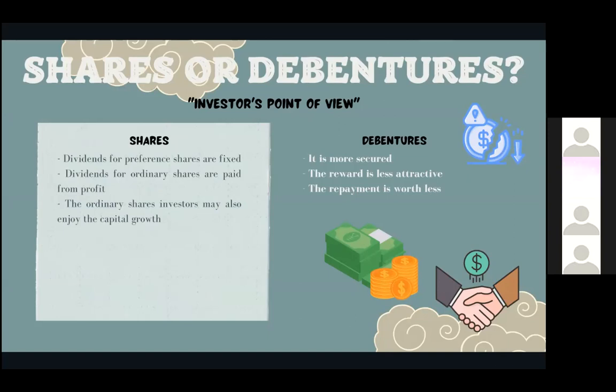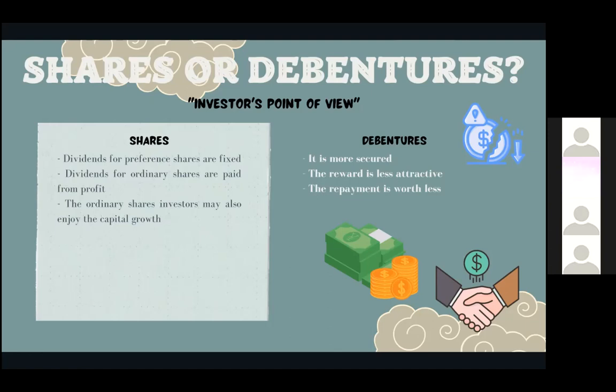However, debentures get priority in payment. But there are two different points of view, which are the investors' and the company's. From the investor's point of view, there are advantages and disadvantages from both shares and debentures.